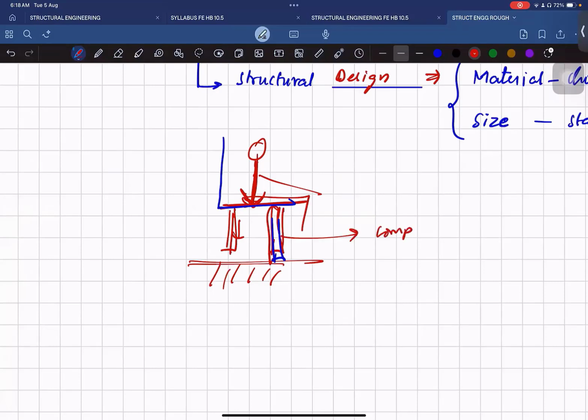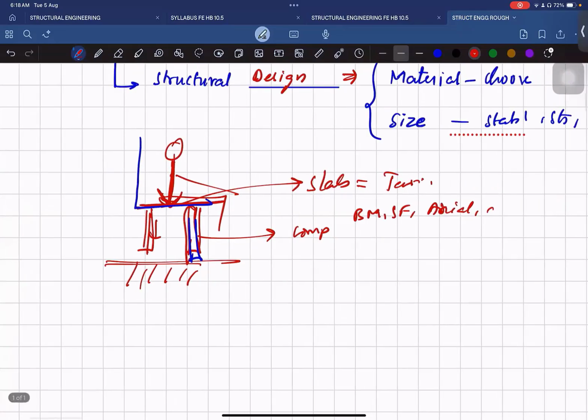The seat member acts like a slab, and the slab undergoes tension, and there will be different bending moments, shear forces, even axial compressions, and so on. Even the deflections will happen in the chair, though those will be very minor. You cannot see them with your normal eye, but there will be some minor deflections. All these are the things we study under structural analysis.